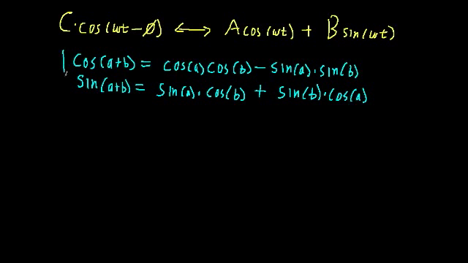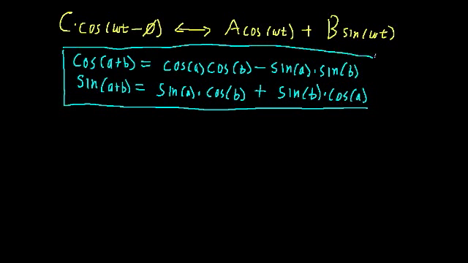Now, these are two really important formulas, really handy to know. There are very nice, elegant proofs for them, but we're not going to go over them here. Right now, we're going to apply this formula for our amplitude phase form. So we're going to say that C cosine of omega t minus phi, and we're going to apply this equation.